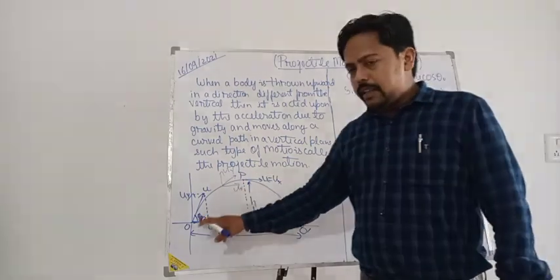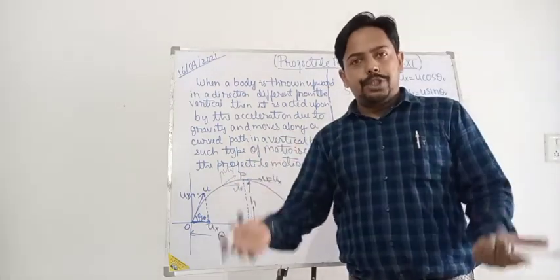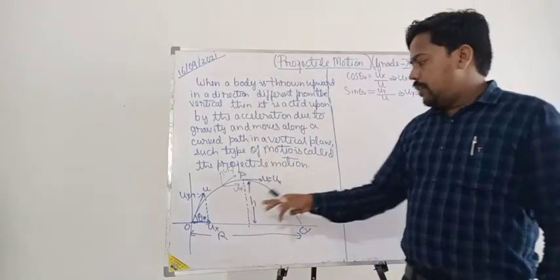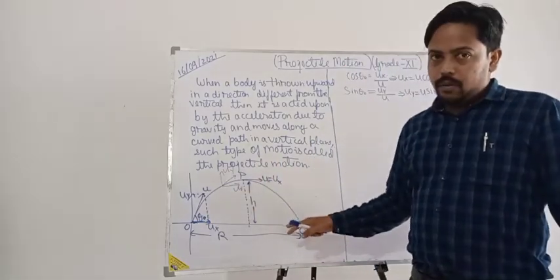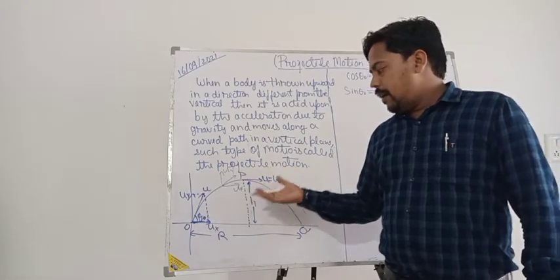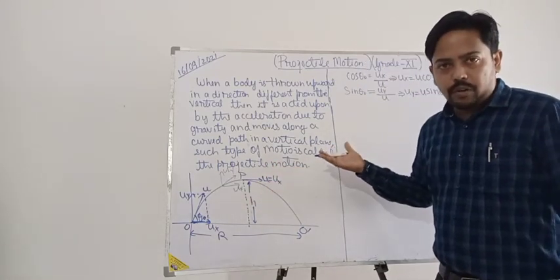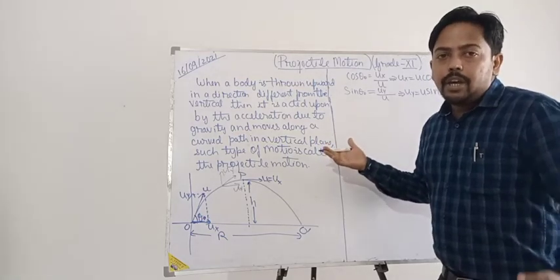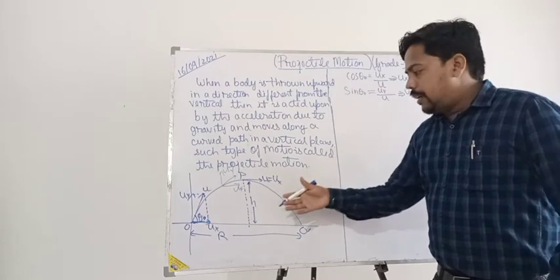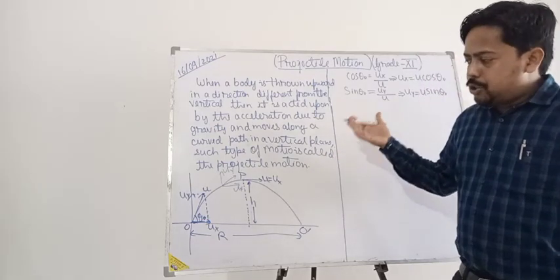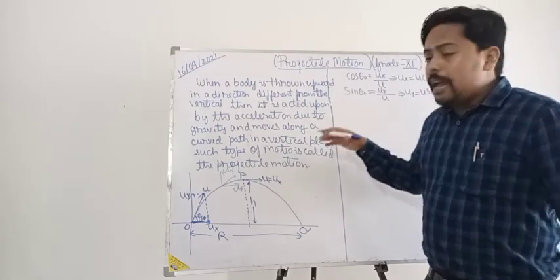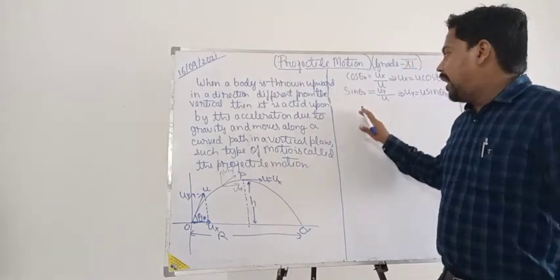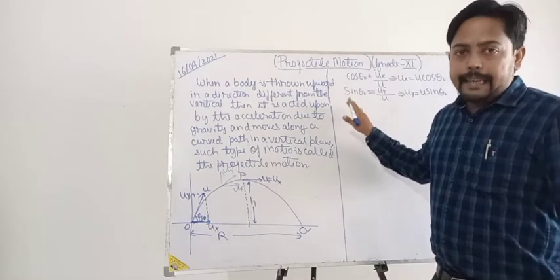For the nature of the path, we have to derive one equation that will tell us the nature of this path. Whether our equation shows the equation of a circle, or a parabola, or a hyperbola, that will be decided according to the equation that we get after the derivation.